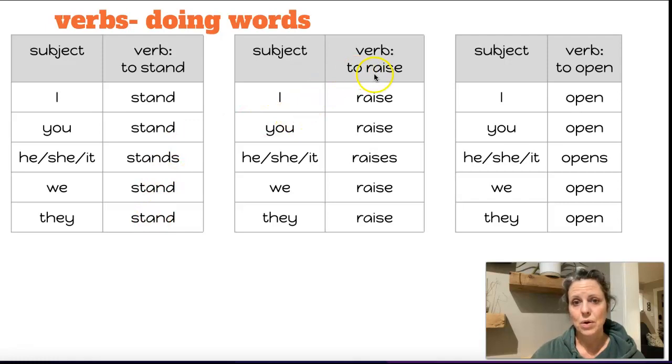So you can see, to raise your hand: I raise, you raise, he, she, or it raises with an S. We raise, they raise. And to open, same pattern. I open, you open, he, she, it opens. We open, they open.